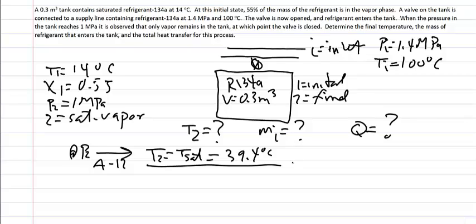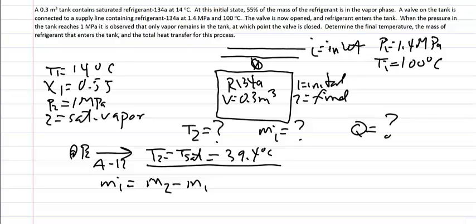Next, how might we find the mass at the inlet? Let's remember that from our conservation of mass, or continuity equation, the mass that flows in has to equal the difference between the mass that we end with and the mass that we begin with. So MI is going to equal M2 minus M1. The question now is, how do we find M2 and M1?